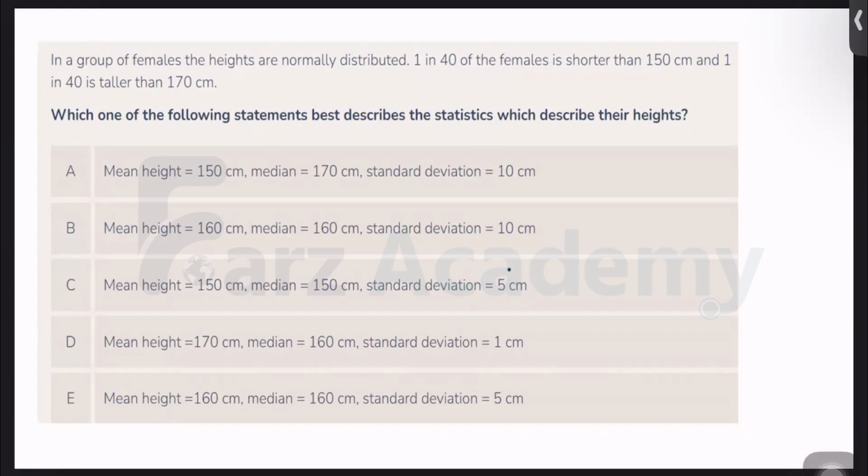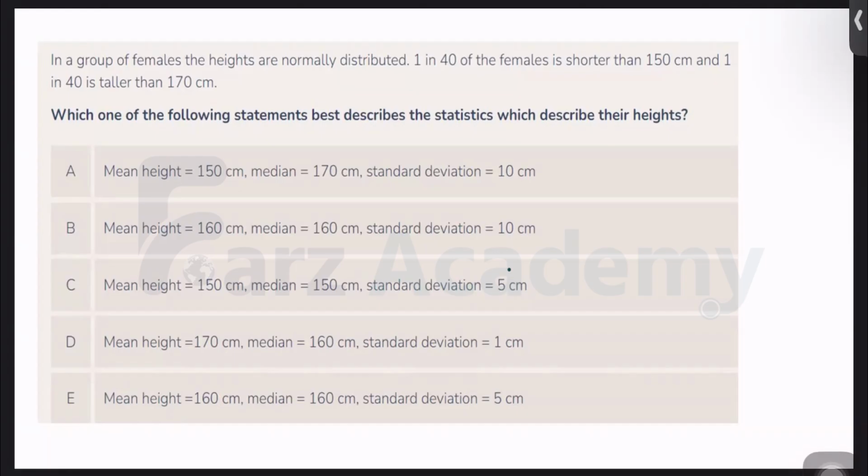First, you have to rule out that it is normal distribution. So mean and median have to be equal, right? That alone is not enough to arrive at the answer, but it helps you rule out certain options like A and D. Because it is normally distributed, your mean and median are the same. Now between 150 to 170 lies 95% of the population.